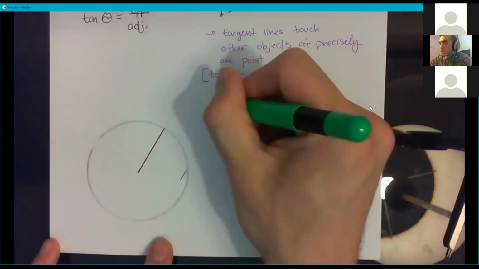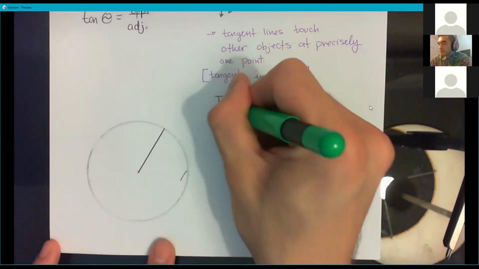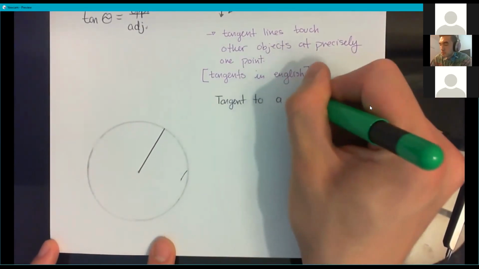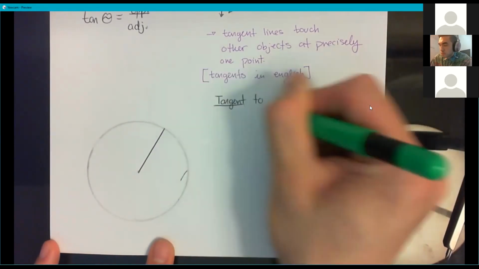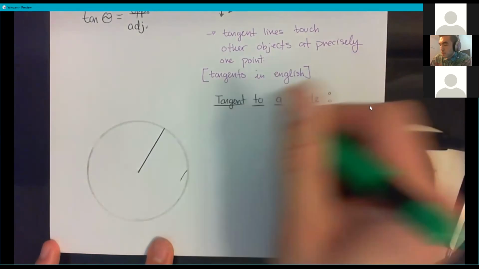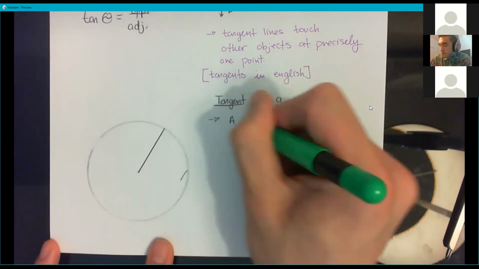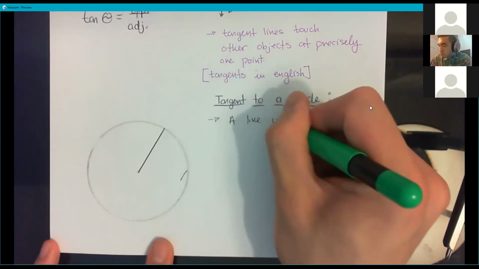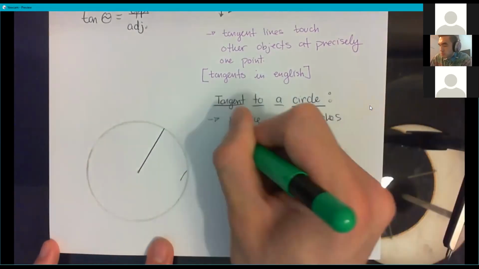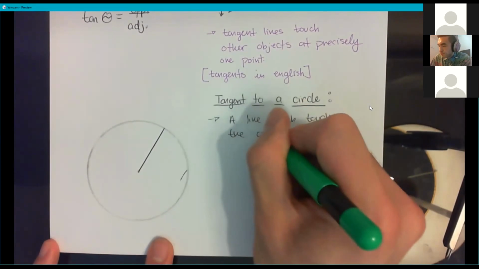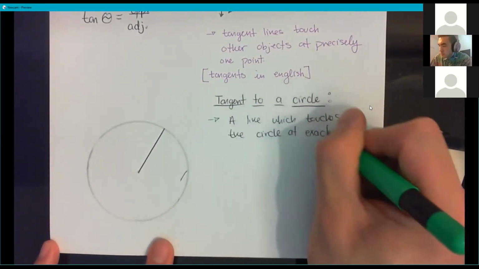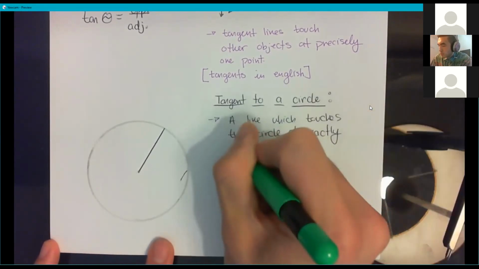So a tangent to a circle is a line which touches the circle at exactly 1 point.